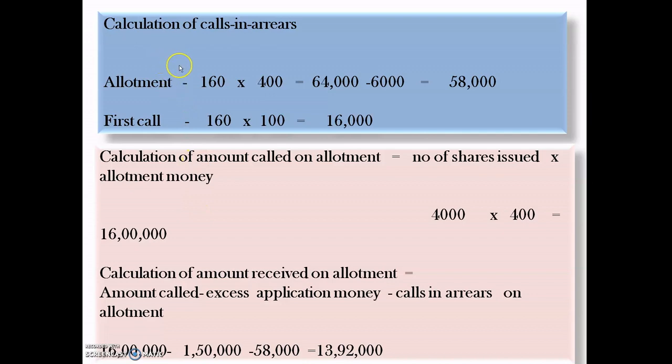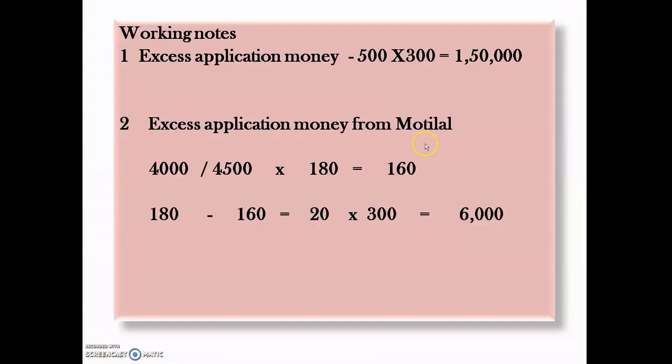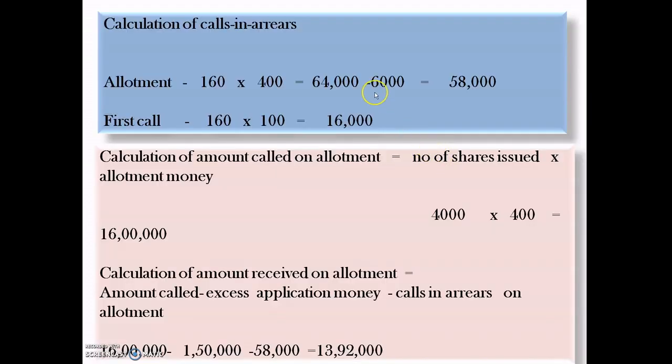Next working note, calls in arrear. Allotment: Motilal failed to pay 160 shares, and the allotment money per share is 400. It will come 64,000 minus 6,000, which is the excess application money from Motilal. It will come 58,000. Similarly, first call money: 160 shares Motilal failed to pay, multiplied with first call money per share 100, it will come 16,000.